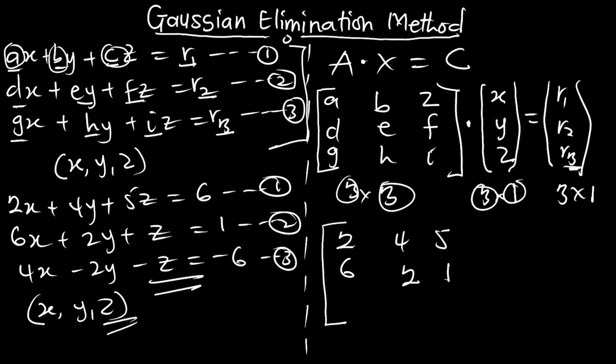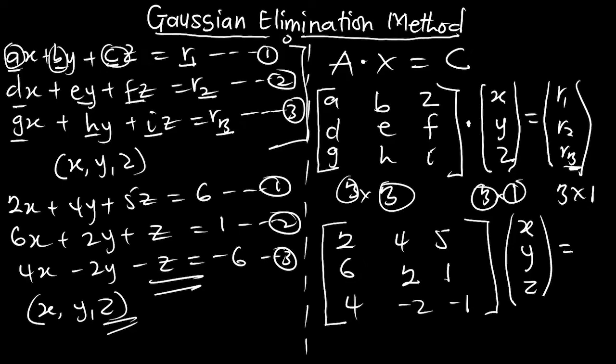This is 4, -2, -1. Are you okay? And our unknowns are x, y, and z. Then the right-hand part is going to be equation 1 is equal to 6, equation 2, 1, and -6. Are we good? So now we know how to represent this part in matrix form.